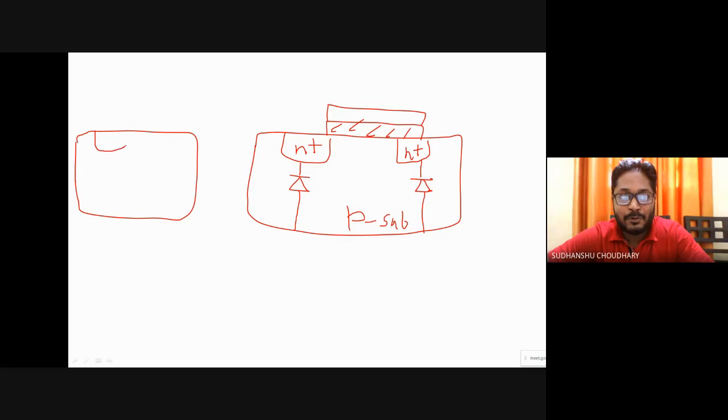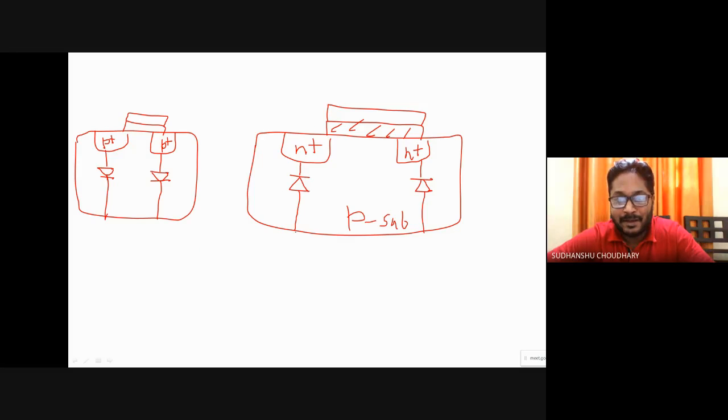We don't want them, but they are always present. We don't want these parasitic elements to conduct, or these diodes to be switched on. So always in your IC design, in the MOSFETs, these parasitic elements will be kept reverse biased so that they don't turn on.